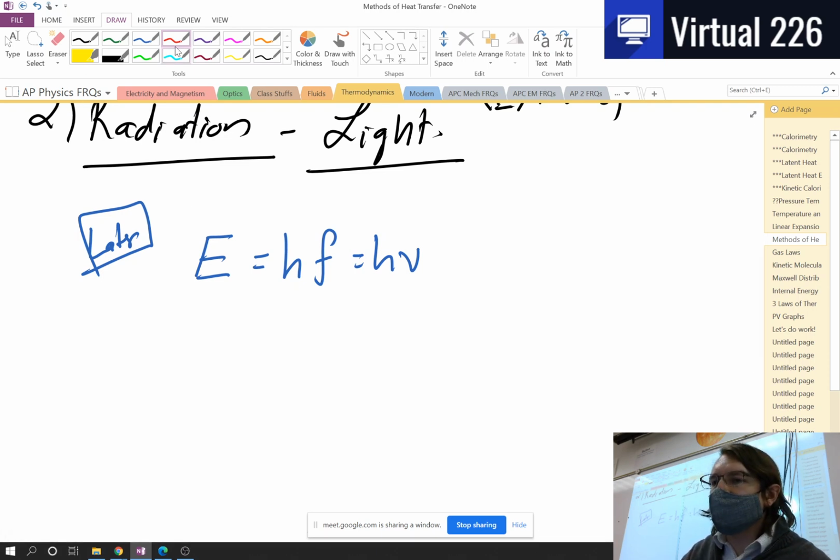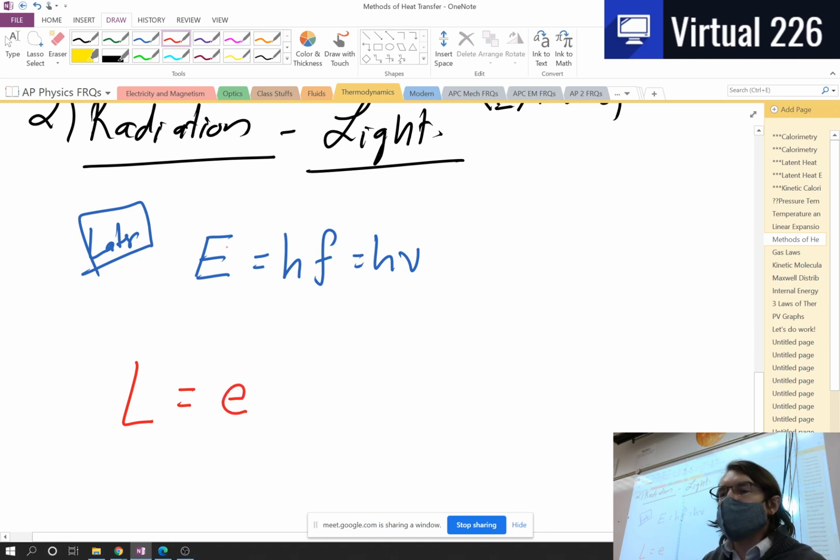What we use to measure energy outputs of things like stars is the luminosity. That references the actual energy output. And the luminosity of something like a star is equal to the following. It's equal to this value e, which is not the Euler's number from mathematics. This is actually an emissivity.